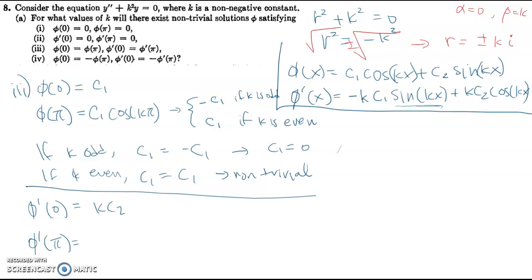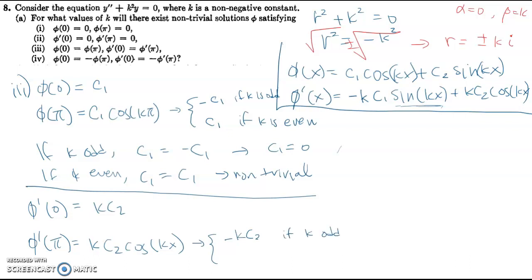And for this, I think we're going to have another two cases. So k c2 cosine of kx, and this will take, if k is odd, then we're looking at negative values. So we are going to get negative k c2 if k is odd.